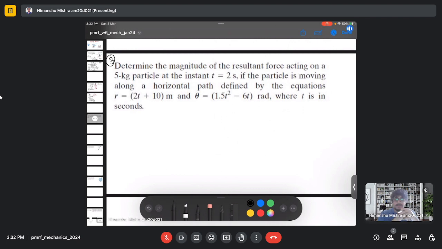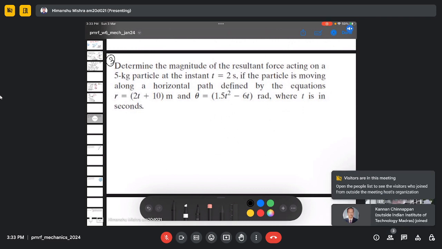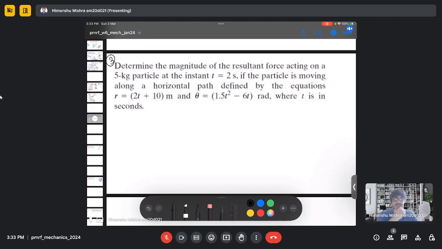But now we will be doing problems in polar coordinates or curvilinear coordinates, where we need to define the components of force in polar coordinates like r, theta, or in curvilinear coordinates like Fn, which is the normal force, or Ft, which is the tangential force. For that we need to calculate the acceleration in the tangential and normal directions.